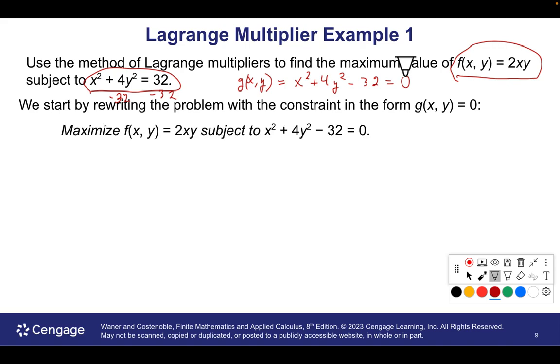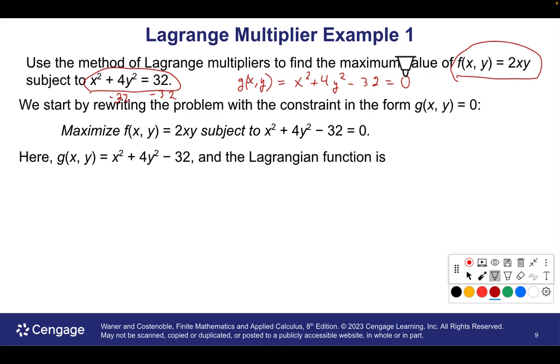The goal is to maximize 2xy subject to this as our constraint. So g of x, y is our constraint function, and we want to put it into this. This is our Lagrange multiplier formula.